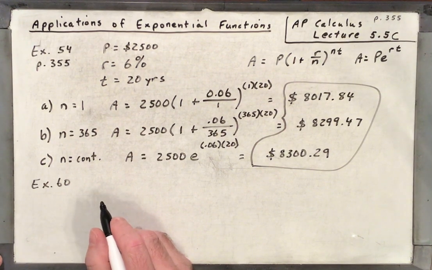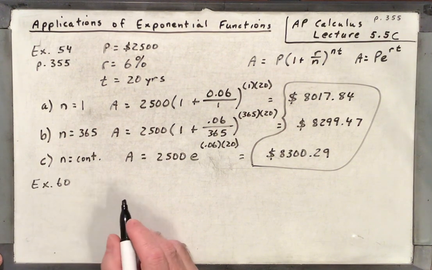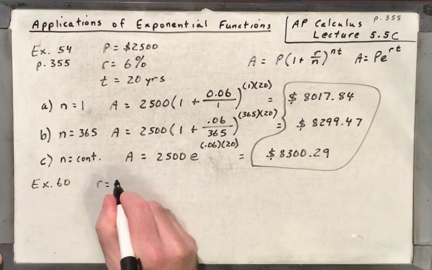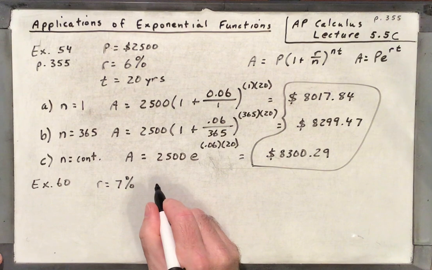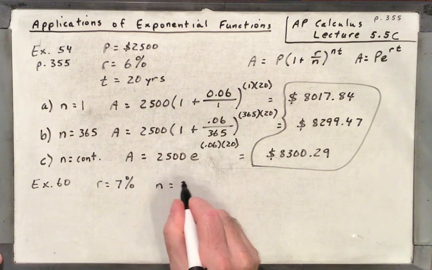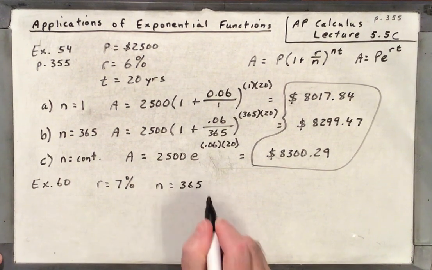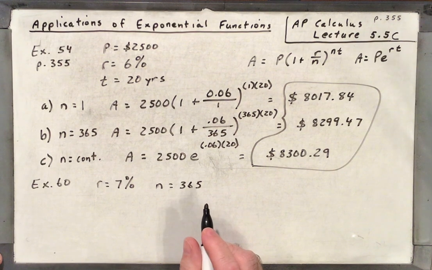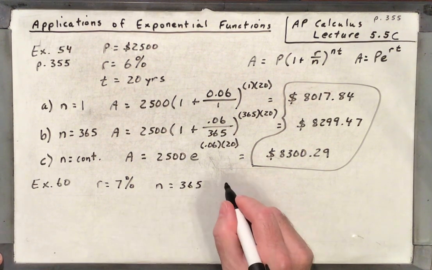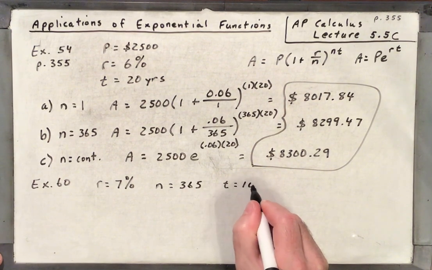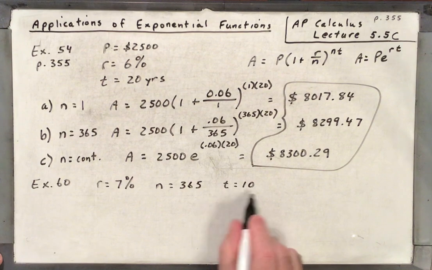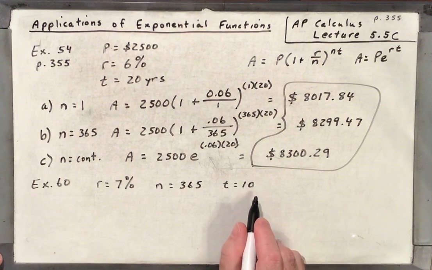So for number 60, we have R is equal to 7%, and it is compounded daily, so that would be 365. I'm not going to fill out the whole table because you could do that yourself, but let's just say T is equal to 10. We'll pick that one out of the table.